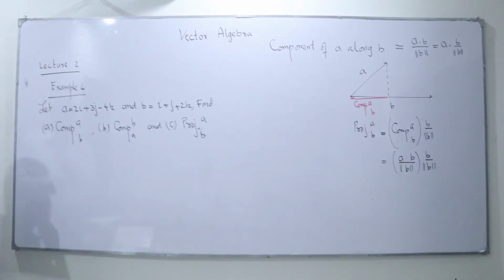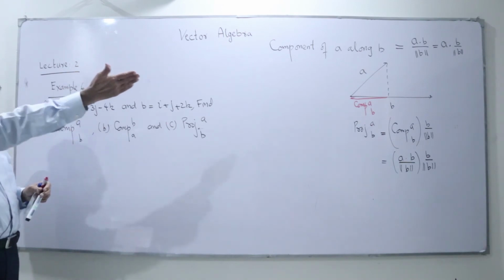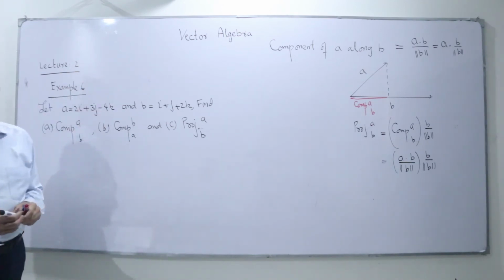We have another example. We have two vectors A and B. We want to find the component of A along B, component of B along A, and projection of A along B, as I explained before. We use these ideas and we find the result.